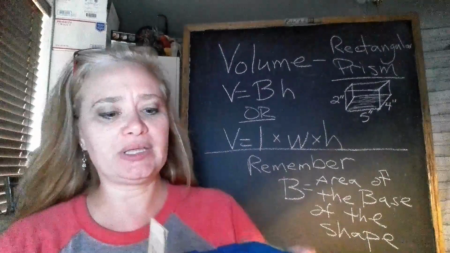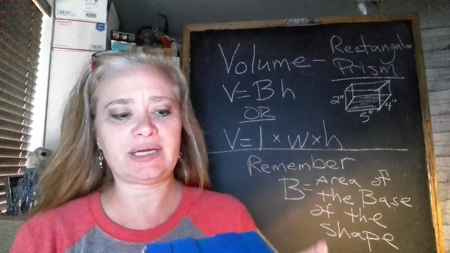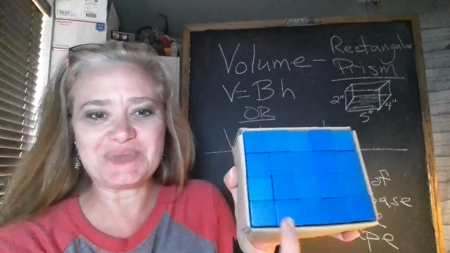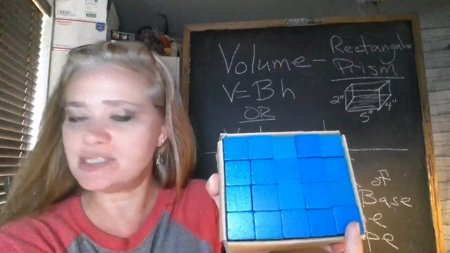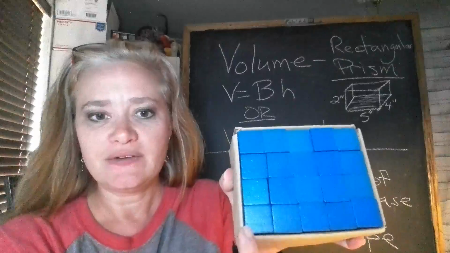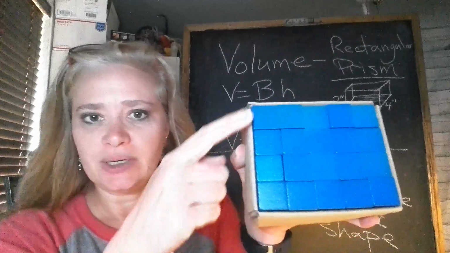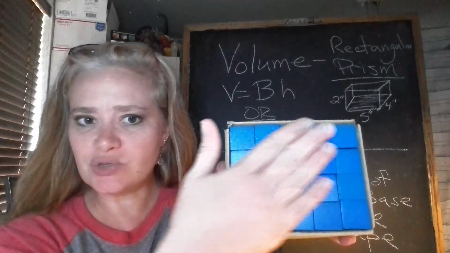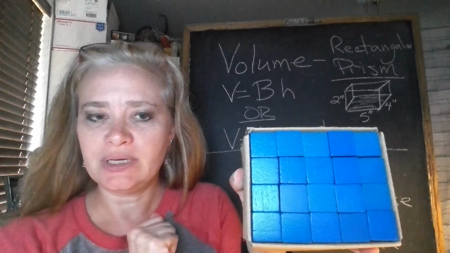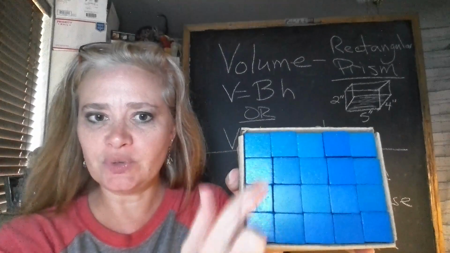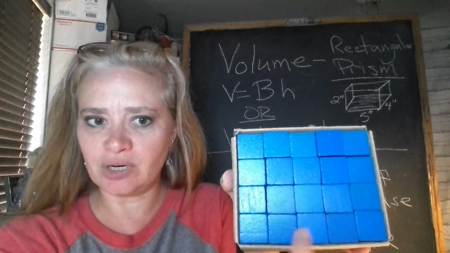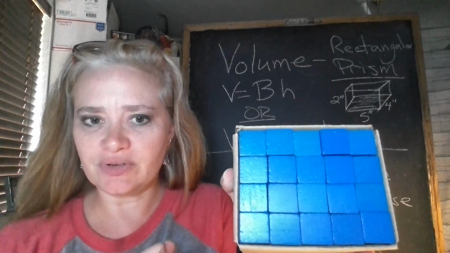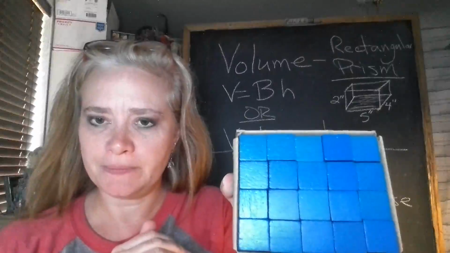We talked about how this particular shape is 5 inches, these are 1-inch cubes, 5 inches long by 4 inches wide. So if this was my base or my bottom of my shape, then this would be 5 times 4, and as you can see, there are 20 blocks, if you counted all of them individually, that cover the base of the shape.